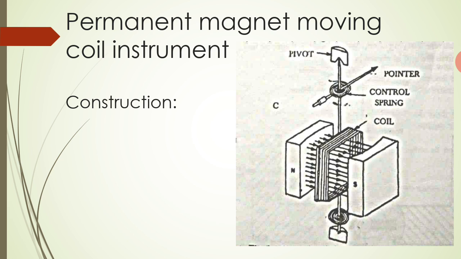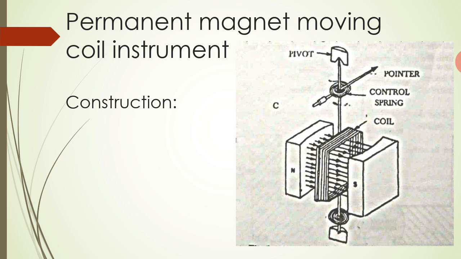Between the magnetic poles is fixed a soft iron cylinder whose function is to make the field radial and uniform and to decrease the reluctance of the air path between the poles.